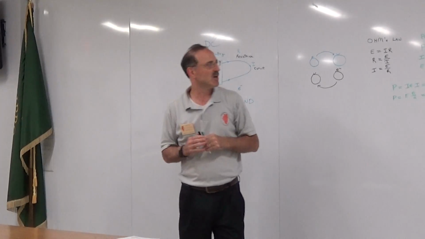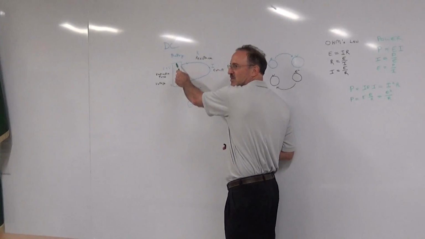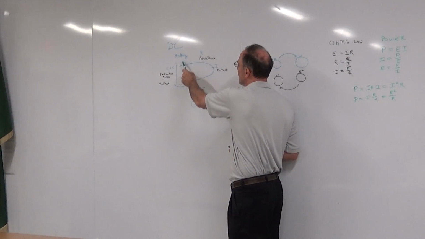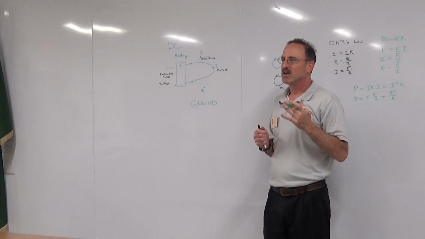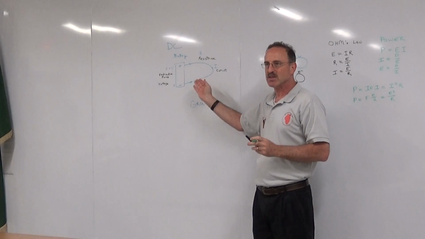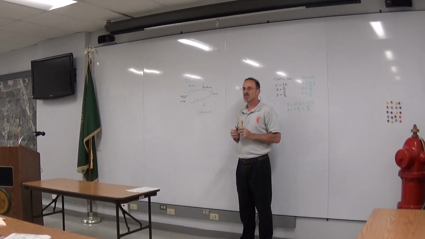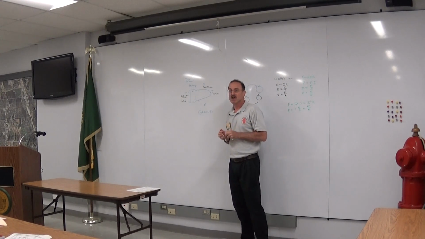Now what's the difference? Direct current is always in the same direction, plus to minus. Alternating current actually alternates back and forth. It'll go this way, then that way, then this way, then that way. Now, the advantage of that is, there's many advantages of that.